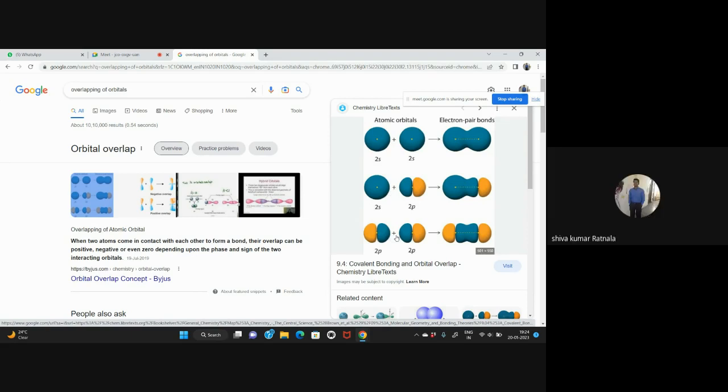Whereas in this one, I take two p orbitals, and the positive part only overlaps. Likewise, if one is positive and negative and the other is negative and positive, these two can overlap.